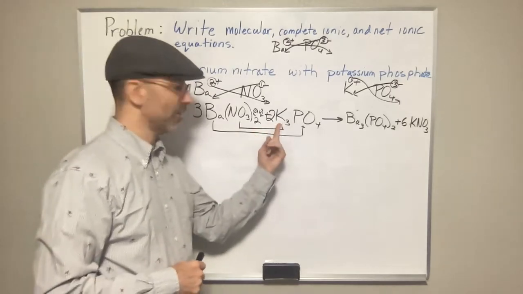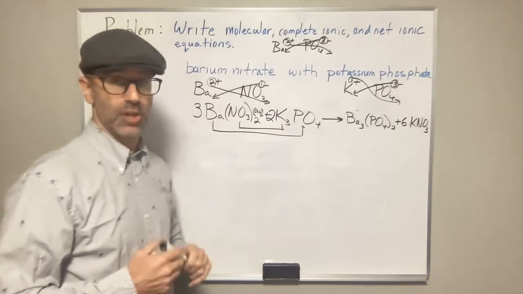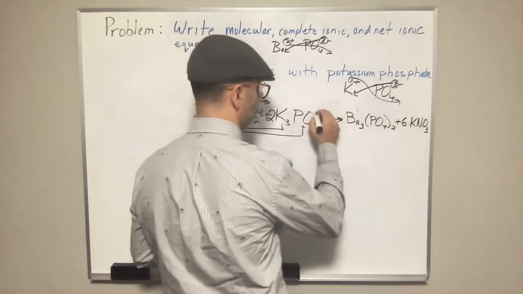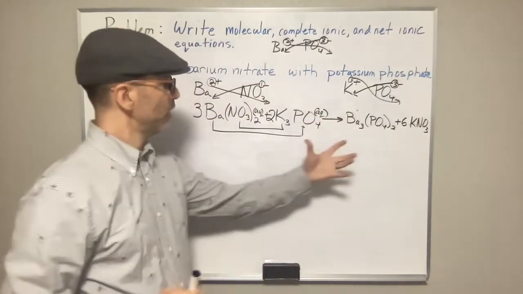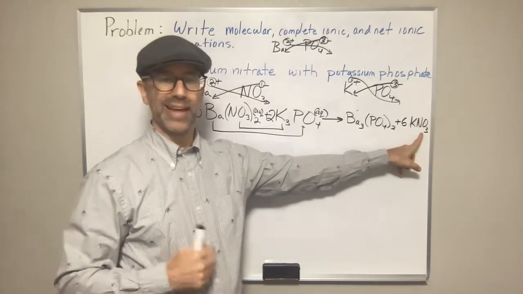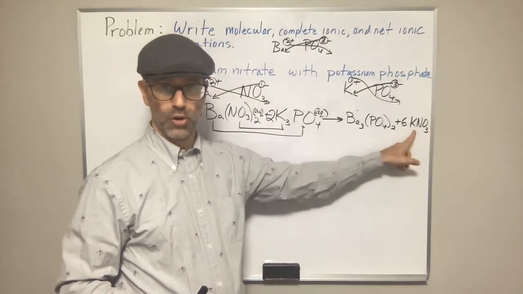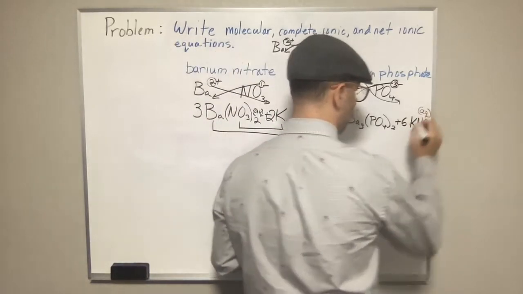So here we have potassium. Potassium is a group 1A element. So this is soluble. It's aqueous. So this is aqueous. And then now we can look at our products. We said before that nitrates are soluble. So this is soluble. So that's going to be aqueous.